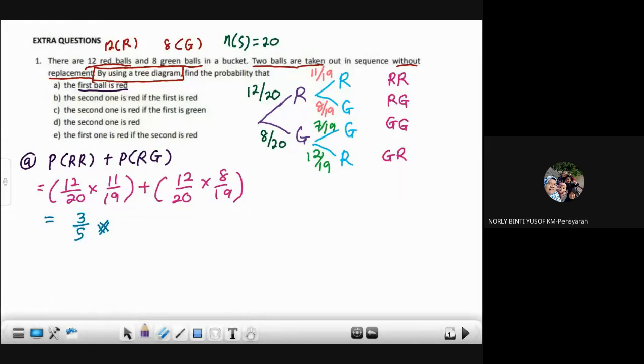Okay, and the second one, find the probability that the second one is red, if the first is red. So the word if, that means this is conditional probability. So probability of, sebab the event is the same, so red given red.